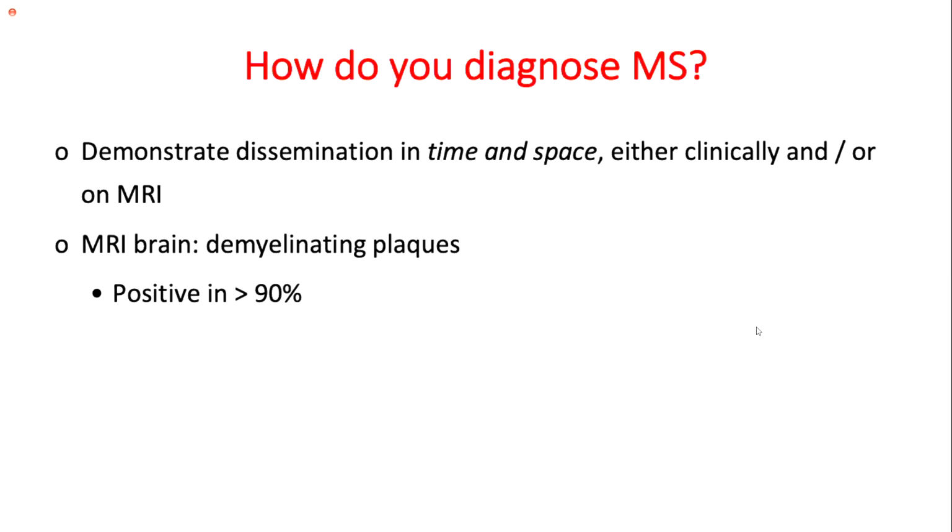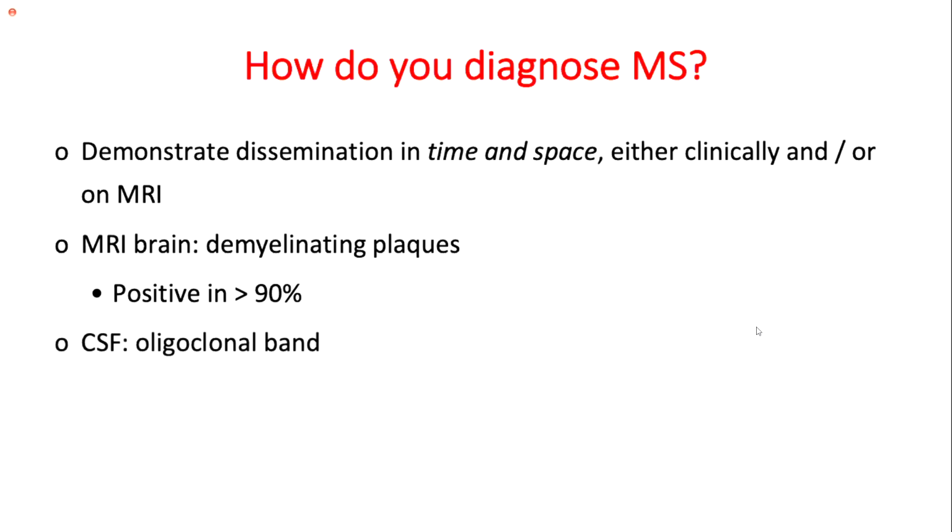But you are looking at the brain because you are thinking of the possibility of multiple sclerosis, especially in a young person, male or female. Obviously, it's more common in women, but that doesn't mean males are not affected, right? So when a young person comes with a transverse myelitis, in addition to imaging the spinal cord to diagnose the lesion and look for an etiology, we also do an MRI of the brain, because we know in multiple sclerosis, the brain MRI is positive in over 90% of patients.